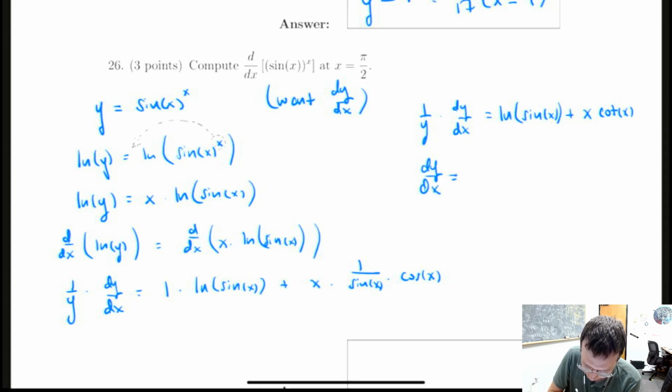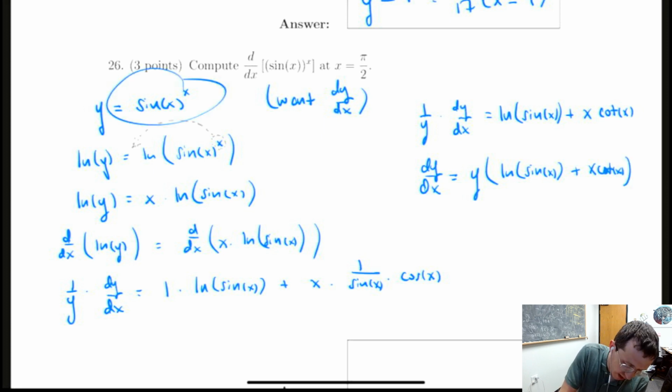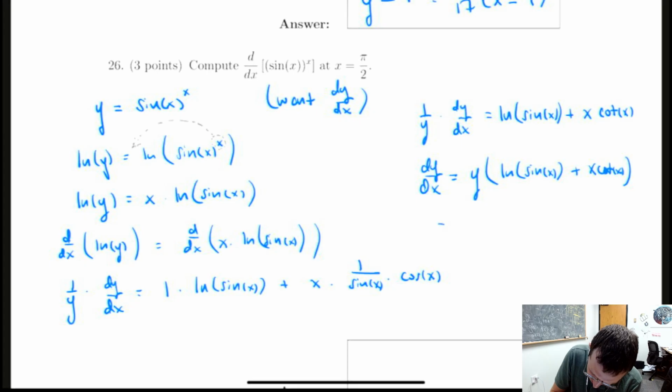The last thing I need to do to find dy dx is to multiply both sides by y. And then to remember that y is sine of x to the x. Substitute that back in.